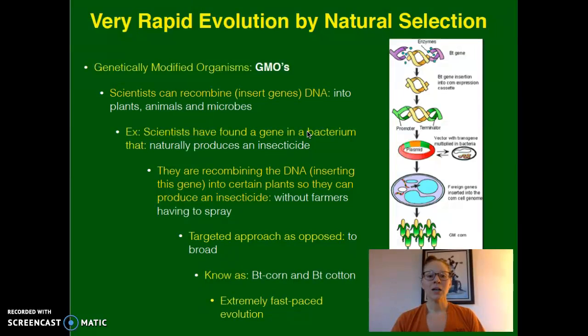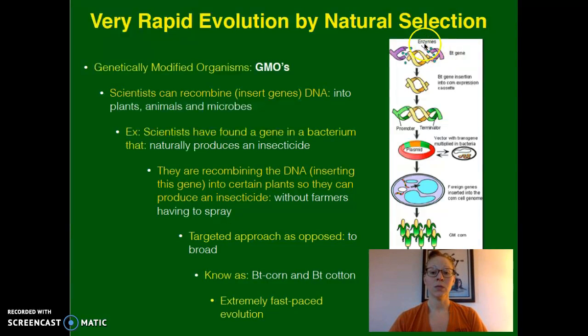And so finally, on our last slide, we're talking about GMOs, or genetically modified organisms. If we look here, a genetically modified organism is one that we have created. We have taken the genes or the genetic material and recombined it with that of a bacteria. So here we have found a bacteria that is able to resist insecticide just naturally.